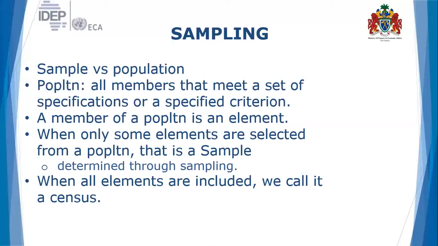We can look at the population of the government or the state of the Gambia as comprising all the members that live within the geographic boundaries of the state of the Gambia.